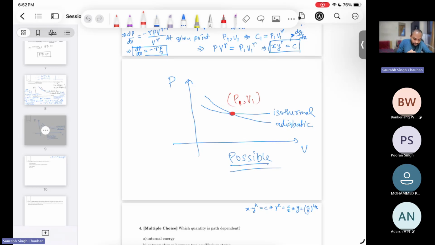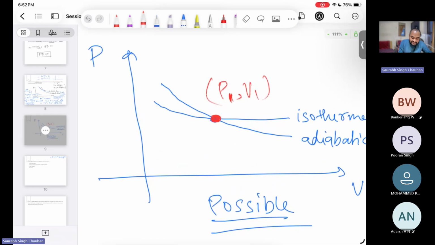Now just moving away from thermodynamics. If two curves are intersecting, you can have a mathematical equation for intersecting curves. That will have some different mathematical form.